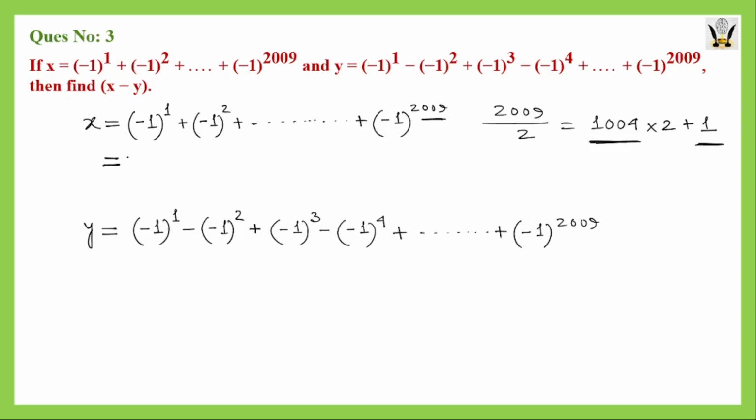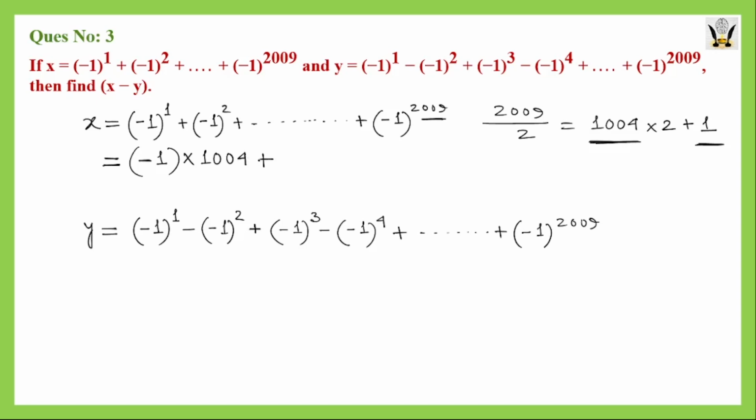So from all this what we can conclude is this odd power will be for the first even number of terms, and that is 1004. So -1, and since the final value for the odd power will be -1, -1 will be multiplied by 1004, and then even power again will be for 1004 number of terms, and the final value for every term will be +1 since the power is even.